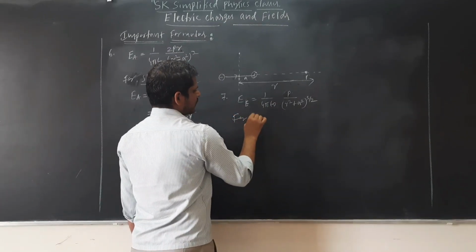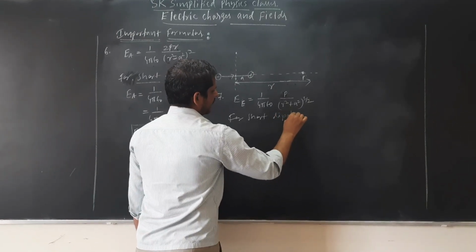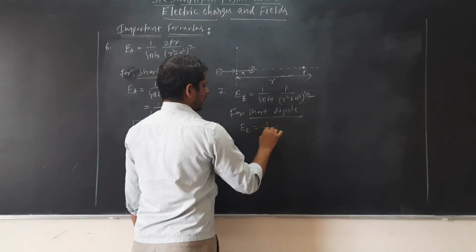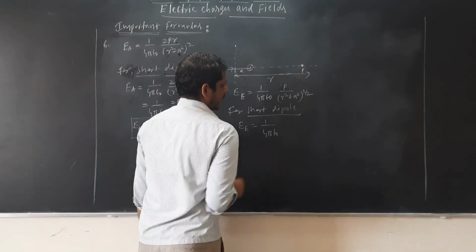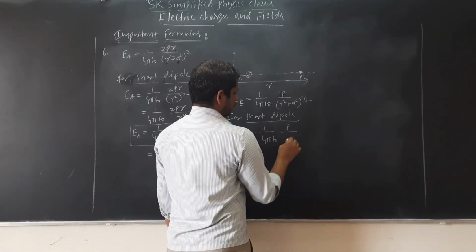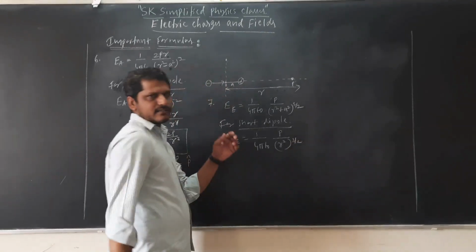This is the general expression; for a short dipole, E equatorial equals 1 divided by 4 pi epsilon naught times p divided by (r square) whole to the power of 3 by 2, as usual.